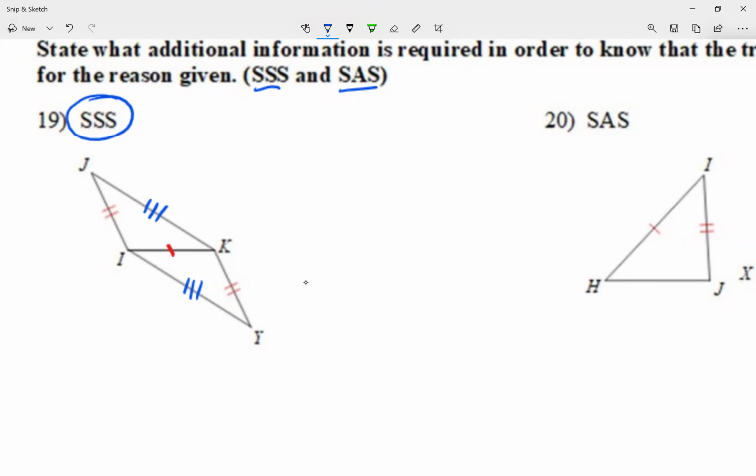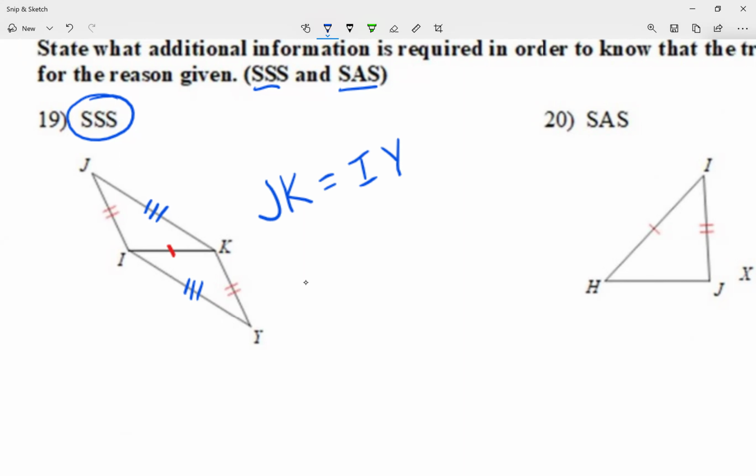So my question here was, what am I missing? What additional information is required? Well, the side JK, so I'm going to type in JK is equal to the side IY. All capital letters, no spaces, all together.